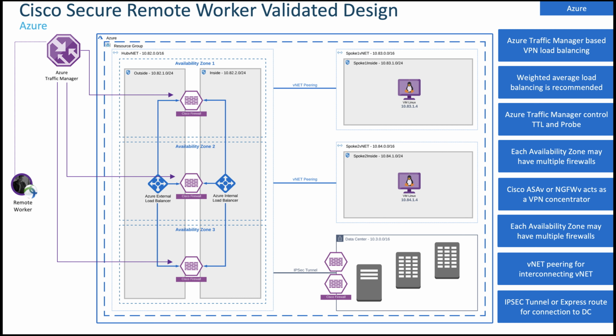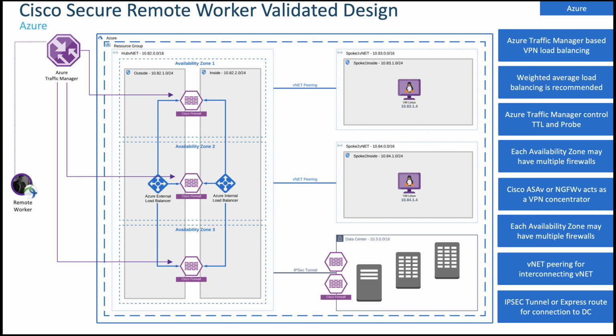And for VPN connection or VPN remote user connection, traffic will first land on Azure Traffic Manager, and from Azure Traffic Manager it will go to any of the firewalls in the backend pool.